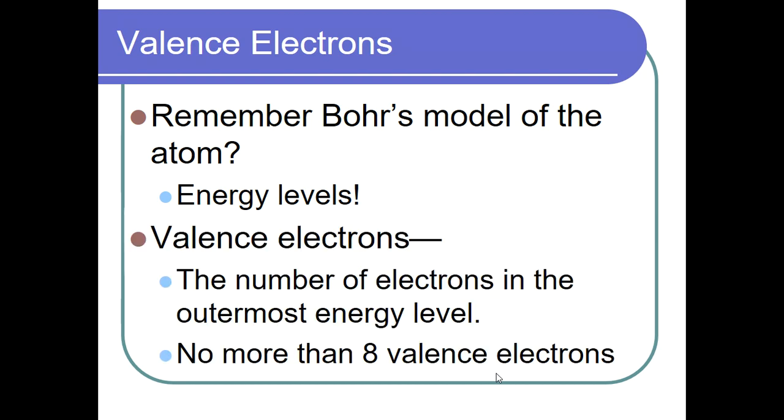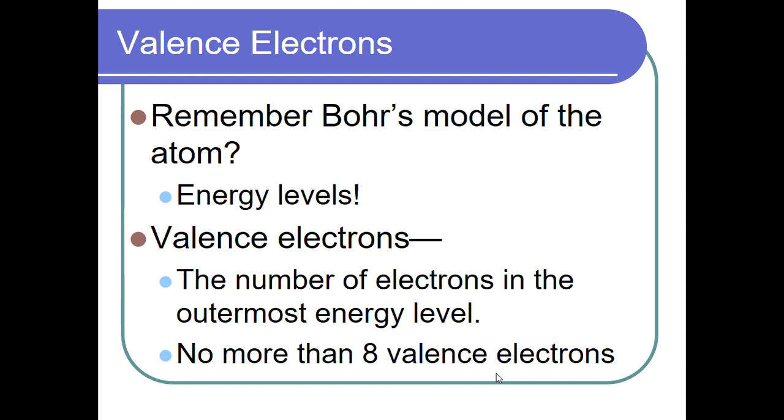So valence electrons are the number of electrons in the outermost energy level. If we think back to the electron configurations that we just did, the energy levels are the big numbers, or the n's at the beginning, that describe each period of the periodic table. So they go from 1 to 7.